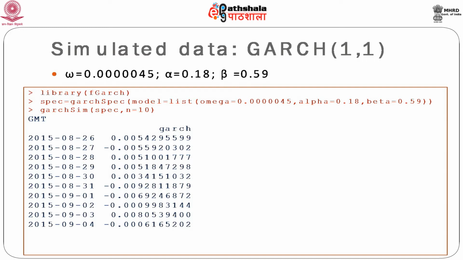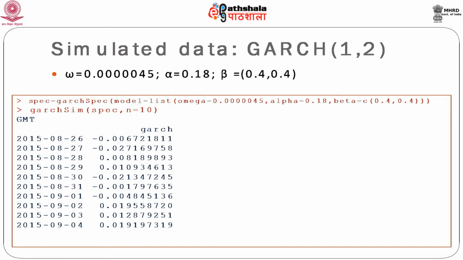That was the GARCH(1,1) generation. Suppose you want GARCH order (1,2); then you have to set two parameters for beta. For omega again I said the mean component is quite small, deliberately to ignore the autoregressive components and just focus on the noise. Alpha is 0.18 and beta is set to 0.4 and 0.4.